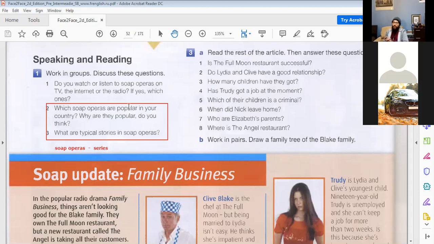Soap operas are a type of series, so of course they have episodes. Any series has episodes. But if you're talking about a normal series, you can sometimes have a crime series, action series, mafia series, drama series, historical series. These are all different kinds of series.